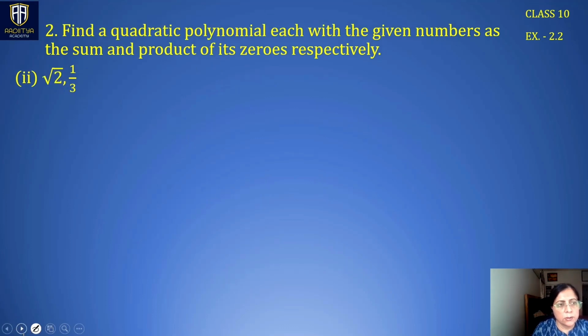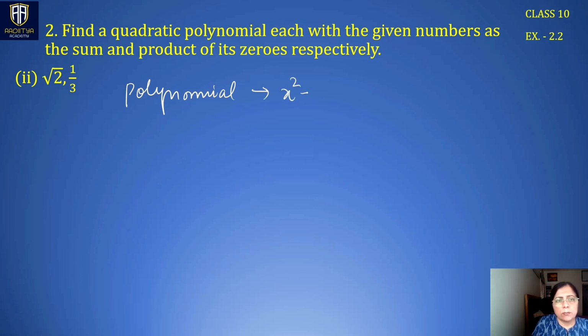We have to perform the same procedure in all the questions. So here the polynomial is equal to x square minus sum of roots multiplied by x plus product of roots. So in this case, you can write p(x) is equal to x square.